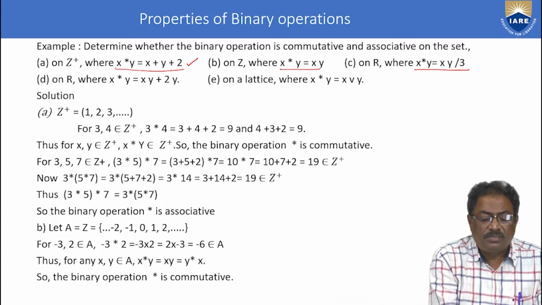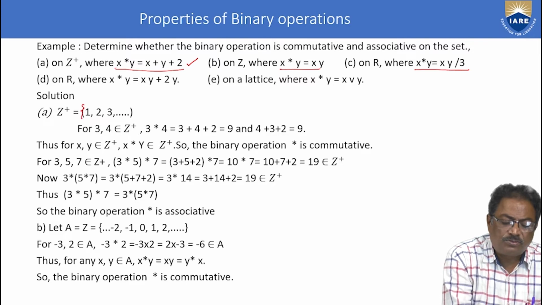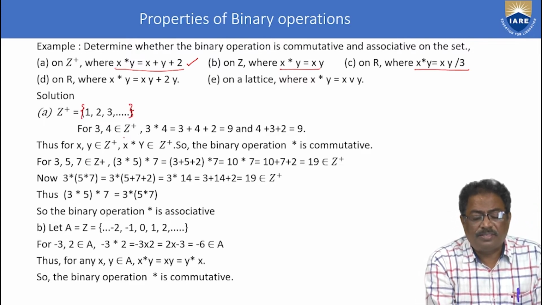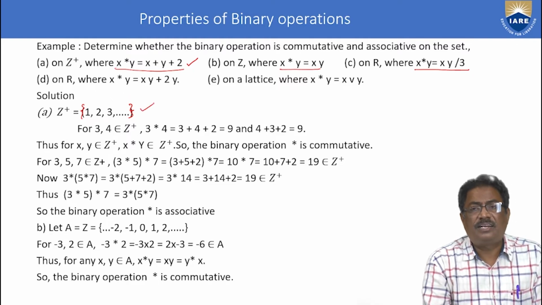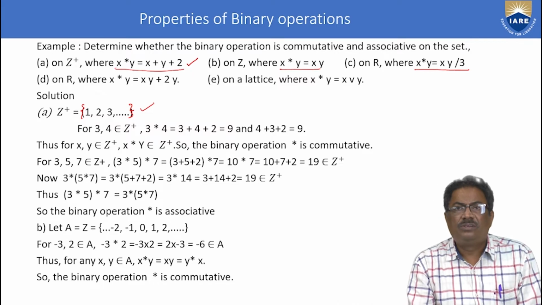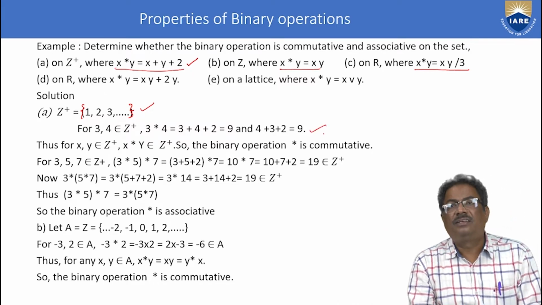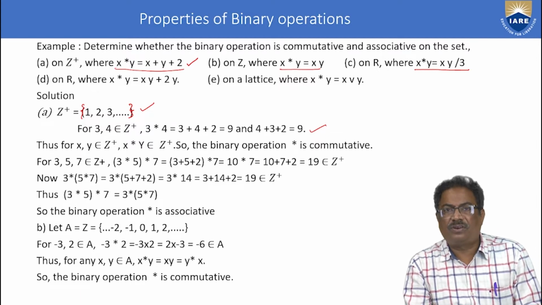So the first one: the set is Z plus, all positives, defined as positive integers. So the operation is also positive, and naturally we can say that it is commutative as well as associative.